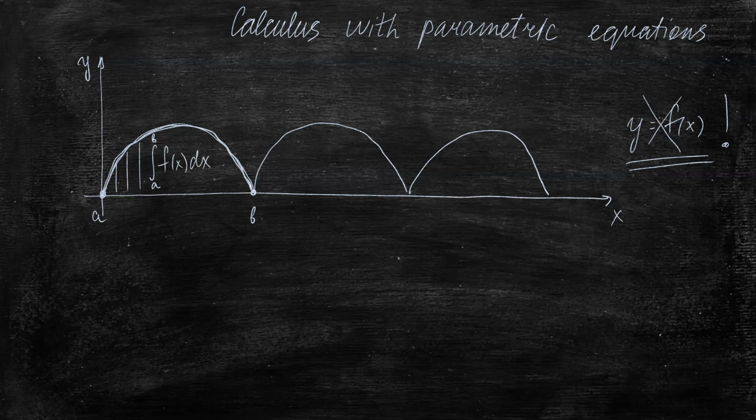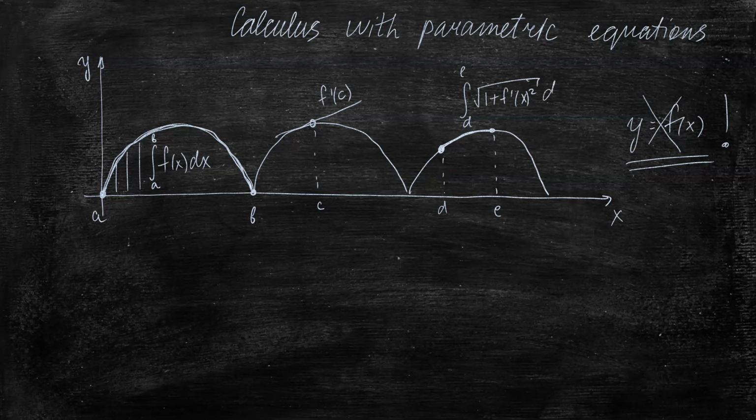We would be able to find the slope of the tangent line at a point c as a derivative of the function at this point. We would be able to find the length of this arc as an integral from, let's say, d to e, of the square root of 1 plus the derivative of f squared.